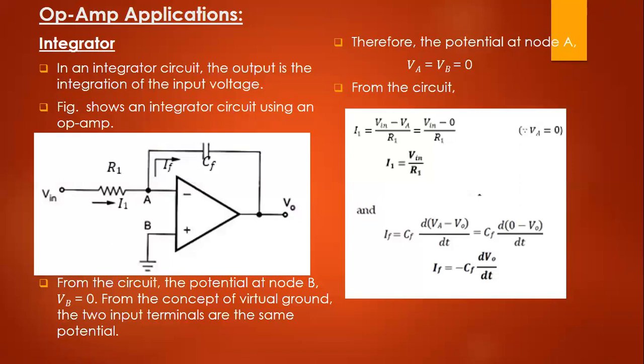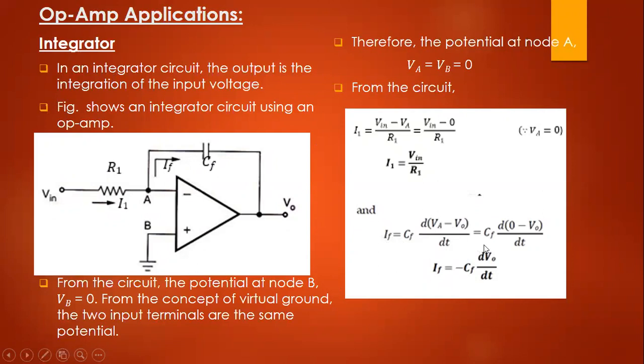Now using that here in this circuit, we can write IF as CF into d by dt of (VA minus V0). And VA is equal to 0.